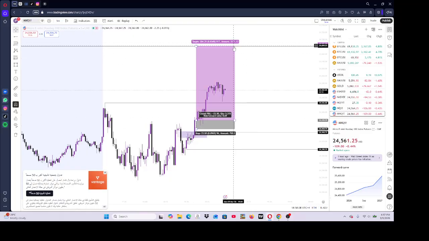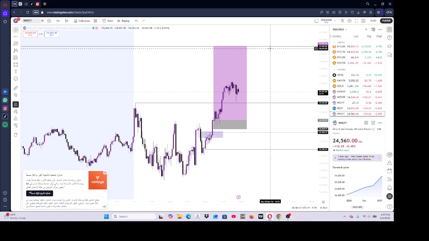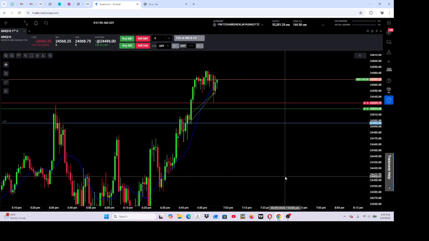It will come and take out this. If it comes and takes out this, it's going to be huge. I just hope it will come and grab those highs on liquidity.